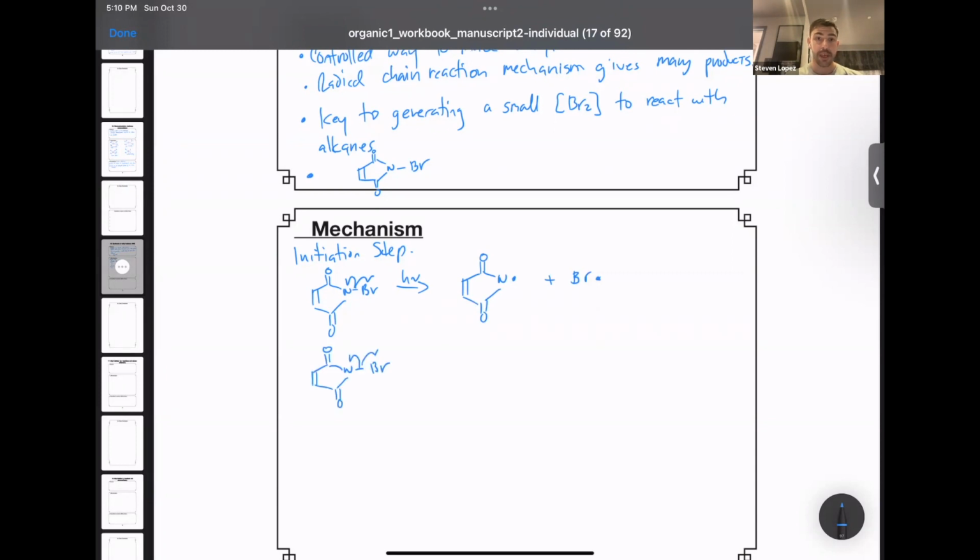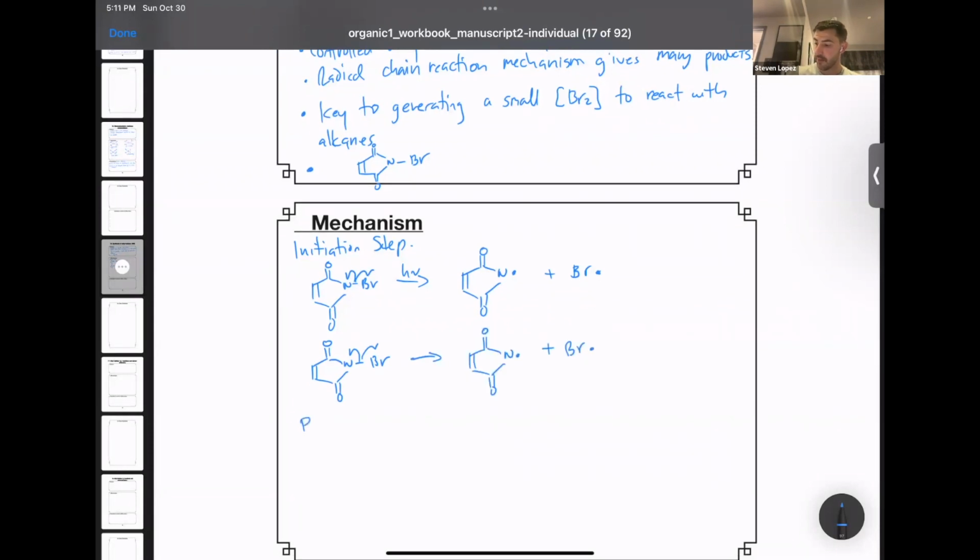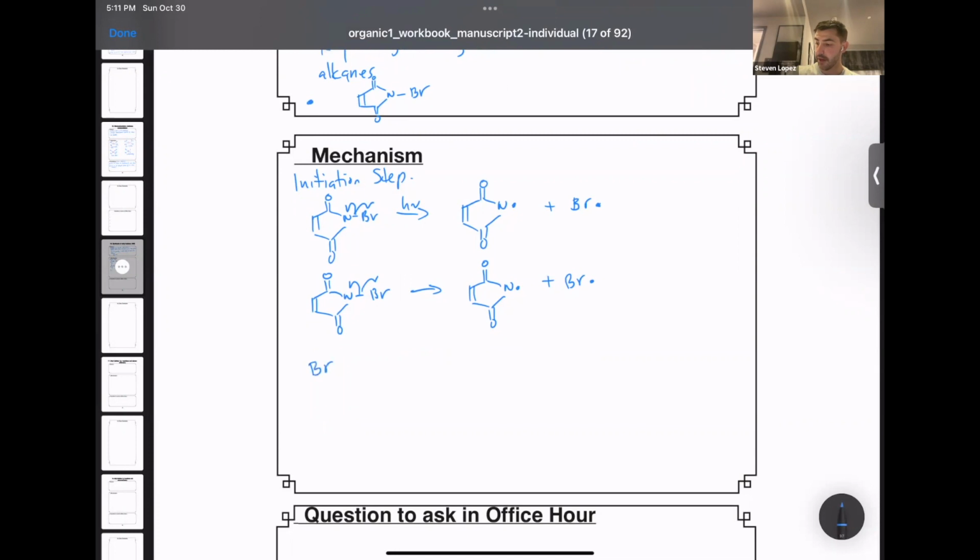So this isn't really a propagation step. This is just another initiation step that's happening at the same time, right? So now in a propagation step, the bromines can recombine to make molecular bromine.